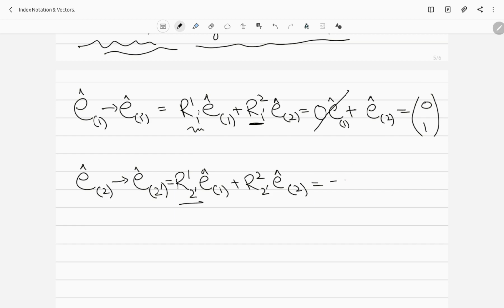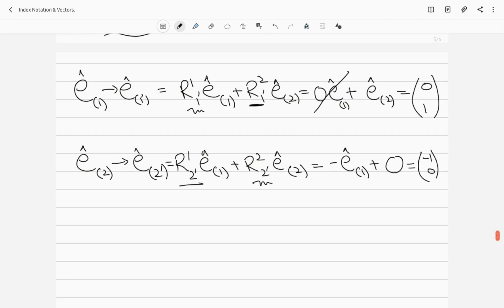So you would have negative E hat 1 plus 0 for this, so you just have 0 over here. Now E hat 1 is 1 0 in columns, but with this negative sign we would have -1 and 0.